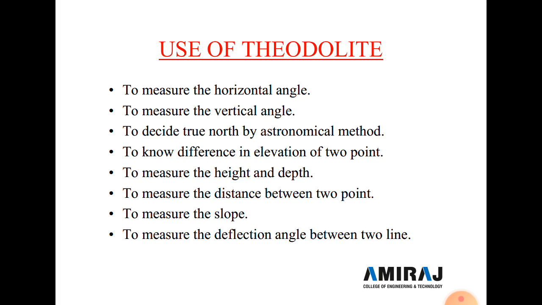It is also used to measure height or depth. By using the theodolite, we use mathematical steps like sin theta, cos theta, and tan theta to measure the height or depth of a particular area. It is also used to measure the distance between two points, to measure the slope, and to measure the deflection angle between two lines. These are the important uses of the theodolite.